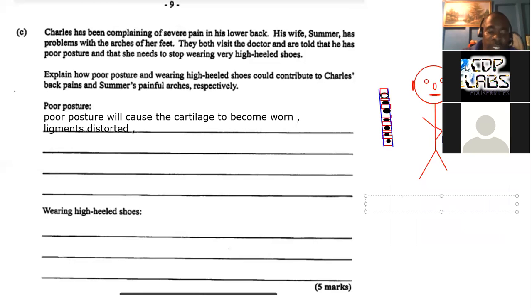So for the gentleman with lower back pain, you know that the bones are there, cartilage is there, it is protecting the spinal cord. In brackets, you put spinal nerves.